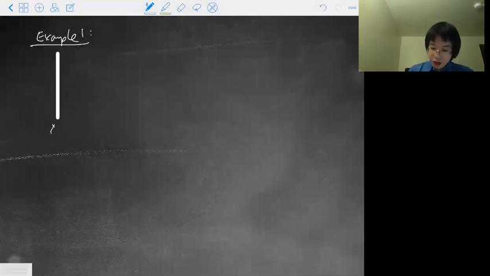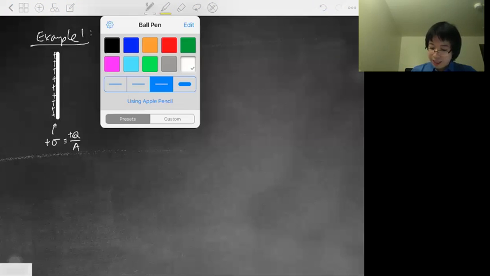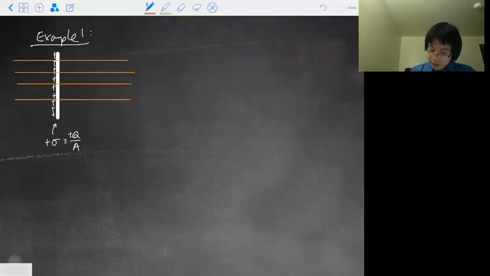So there's a lot of positive charge on this plane. Let's say it's an infinite plane. So how do the electric field lines look? The electric field lines look like this. This side points this way, this side points this way. So now you should be an expert in how electric field lines look.